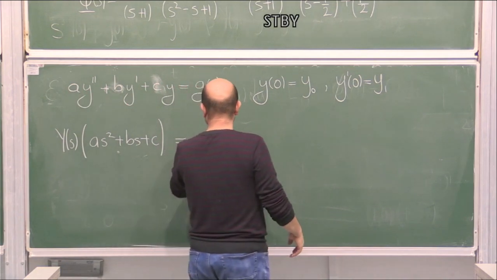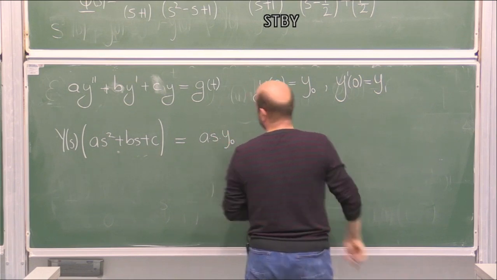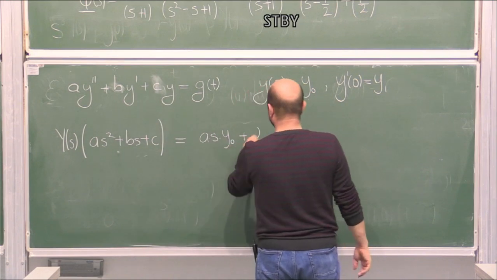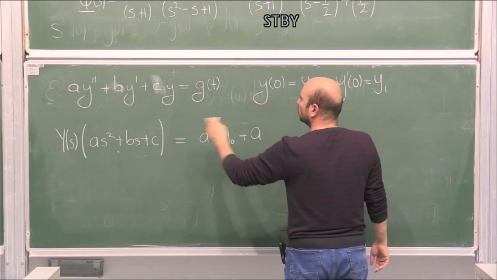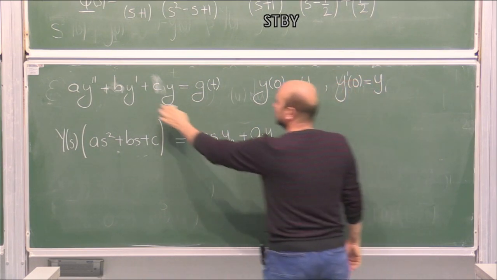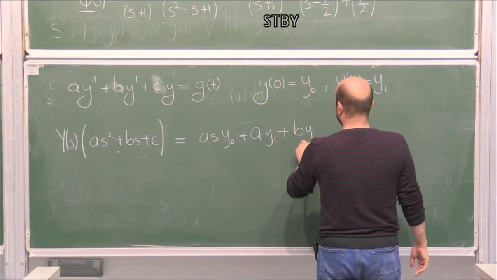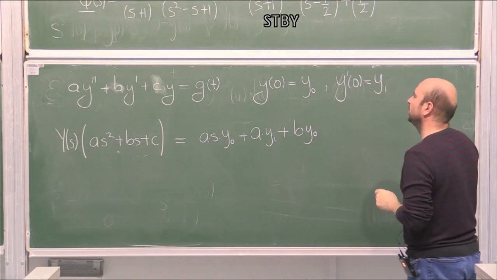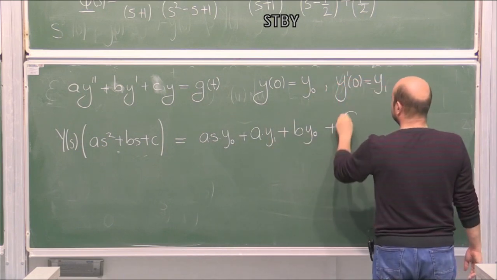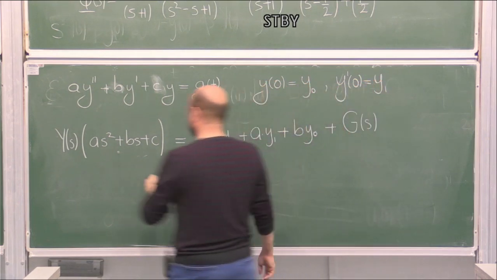We will have a times s times y0, plus a times y prime 0, which is y1, and then from this one we have plus b times y0, plus the Laplace transform of g, G of s.